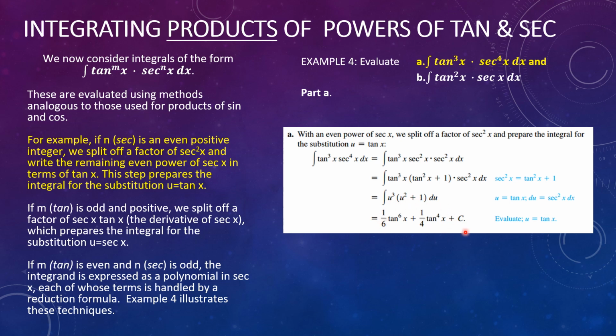These are very simple integrals, and so this becomes quite a simple problem to solve using just trigonometric identities. Here, the only one we used was the Pythagorean identity for tangent and secant, and then some basic algebra.